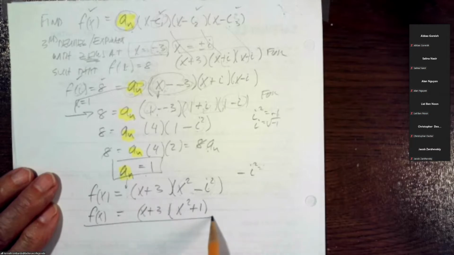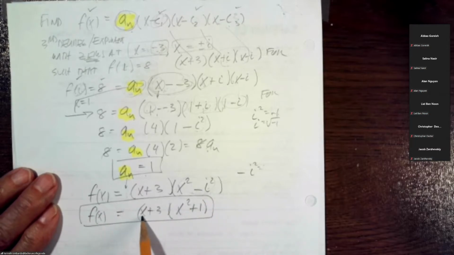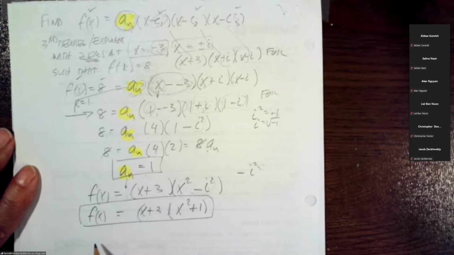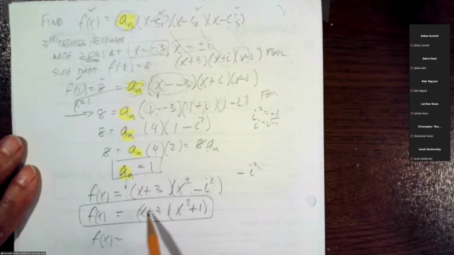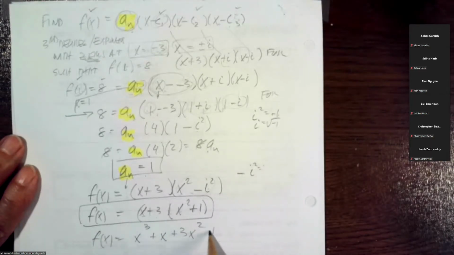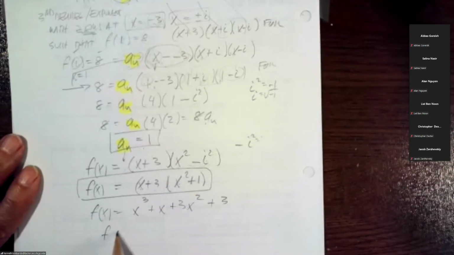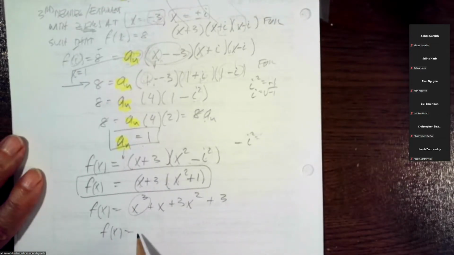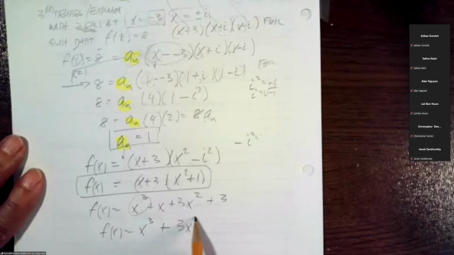And after we simplify, we end up with x plus 3 times x squared plus 1. You could also multiply these together. f of x equals first times first, that's x cubed. x times that is x. 3 times this is plus 3x squared plus 3. Or f of x equals x cubed plus, putting them in descending order, 3x squared plus x plus 3.